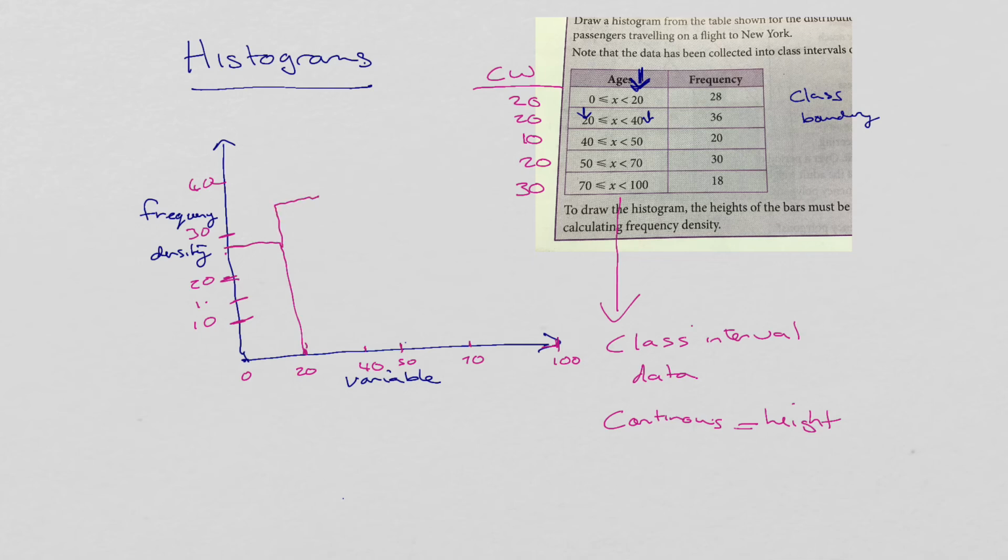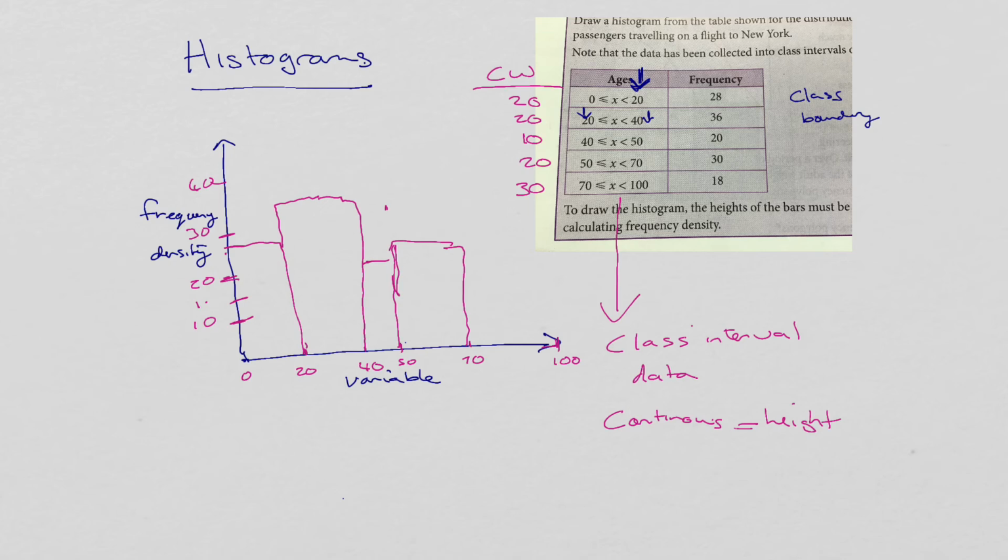So if you go and put it at 27 when it's 28, you're going to lose the mark, so can you not do that? This one is 20 there. Then we've got 30 for 50 to 70, which is there-ish somewhere. And lastly, we've got 18 for 70 to 100.